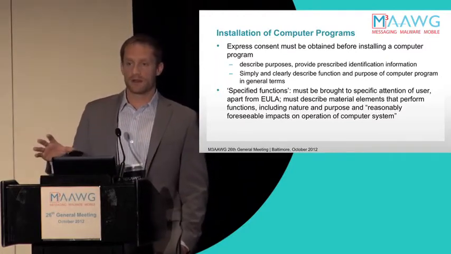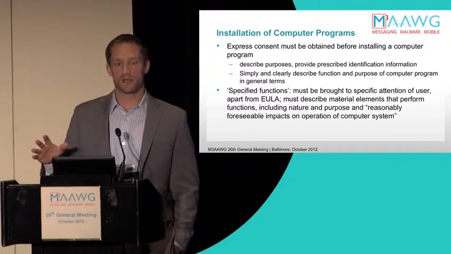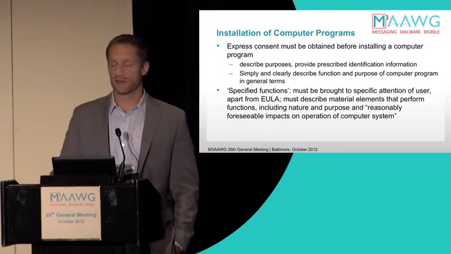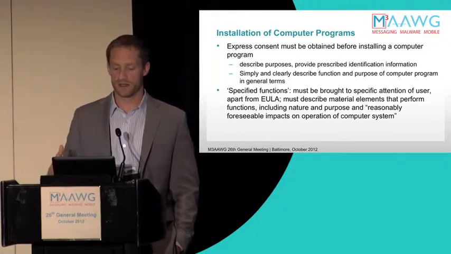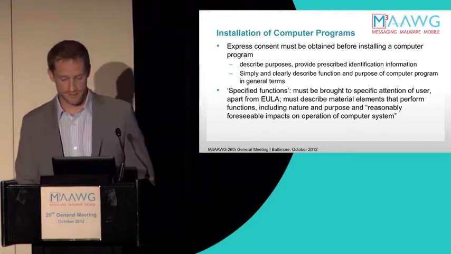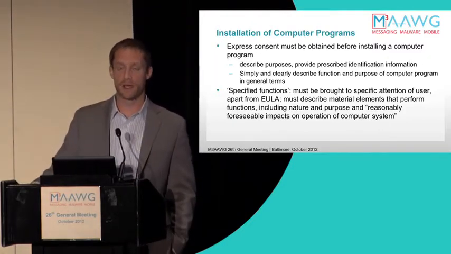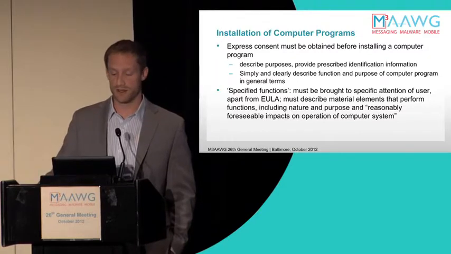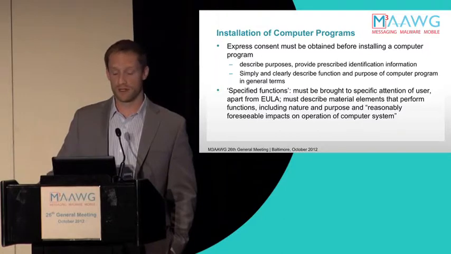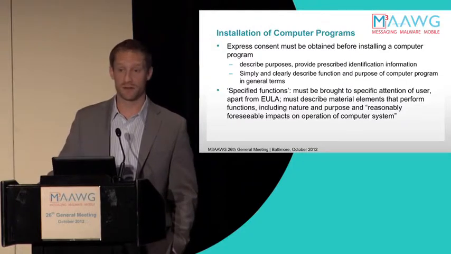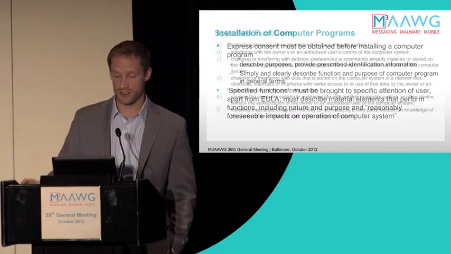Another requirement that pops up when we're thinking about certain functions of the computer program: the law specifies a number of specified functions that have to be brought to the specific attention of the user outside of any end-user license agreement. We have to describe the material elements that perform the functions, including the nature and purpose and reasonably foreseeable impacts on the operation of the computer system. So what are these specified functions?